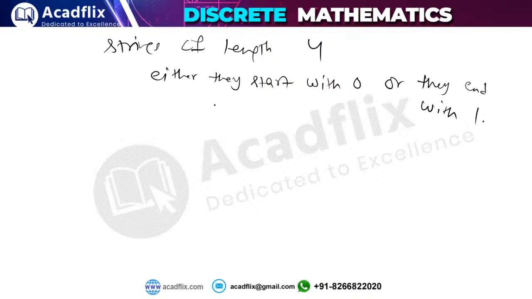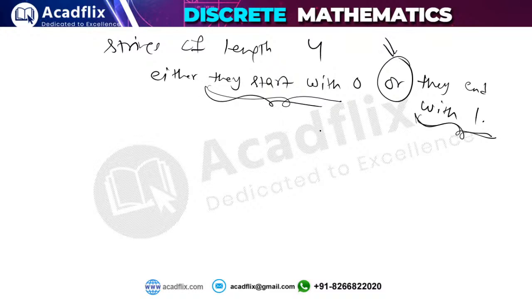Focus here. Again "or" is there, meaning either you can do this or you can do this. Now how many ways are there to do this? This is saying start with 0. So in the first place you have to put 0; there is no choice here.